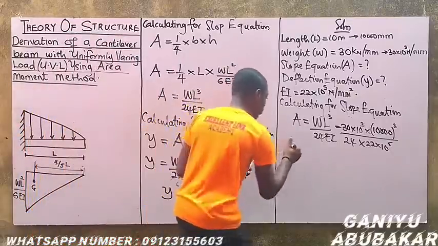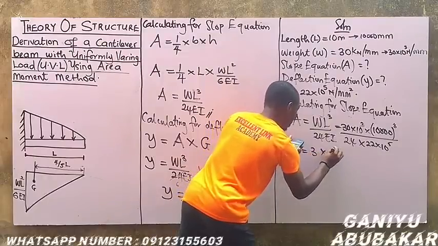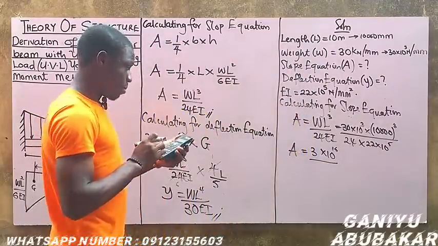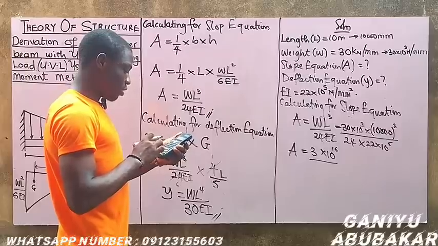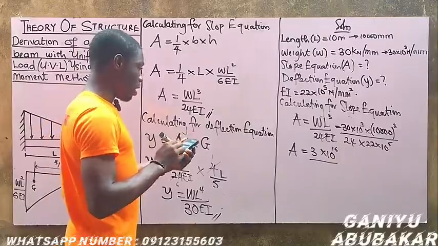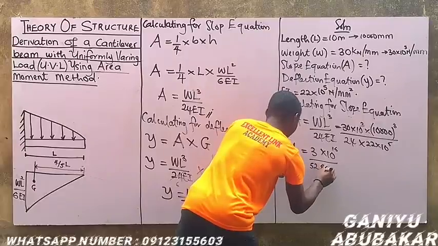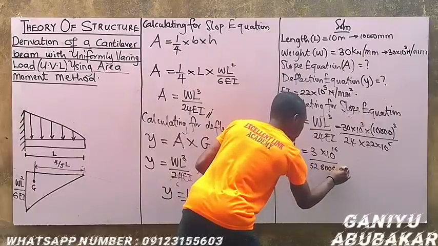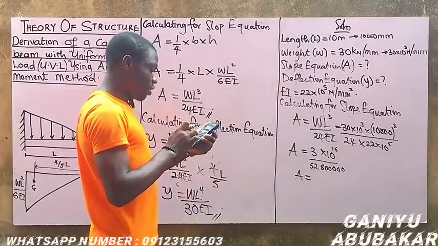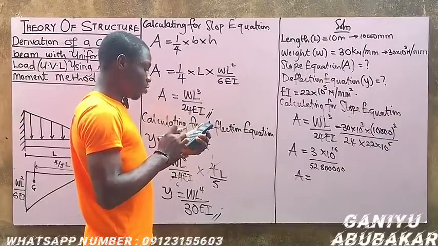So for the numerator, I have that the slope equation is equal to 3 times 10 to the power 16, all over, let's get the denominator there. So I'm having 22 times 10 to the power 5 multiplied by 24, which is 52,800,000. So I'll divide the numerator by the denominator, 3 times 10 to the power 16 divided by 52,800,000.